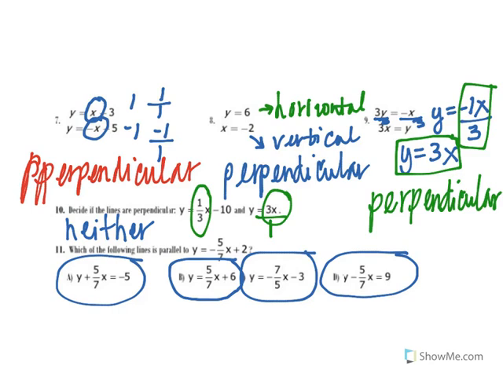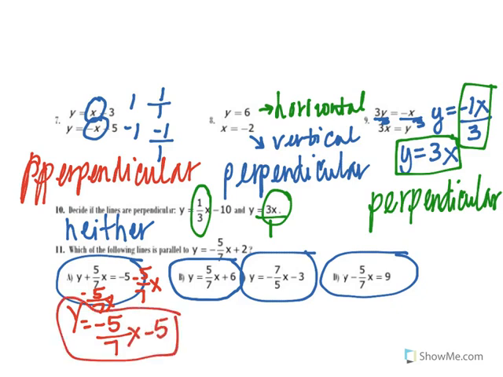So for A, to get y by itself, I would just subtract 5/7 x. Should be negative 5/7 x minus 5. And for D, I would just add 5/7 x, because I'm doing the opposite of what's being done.